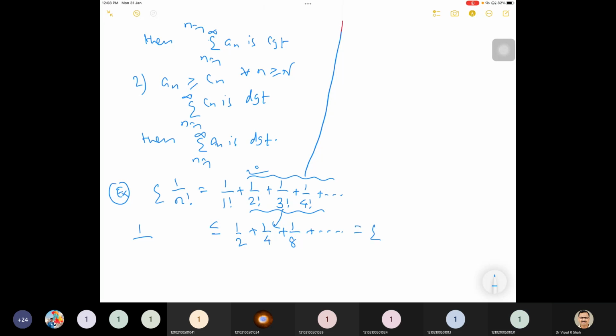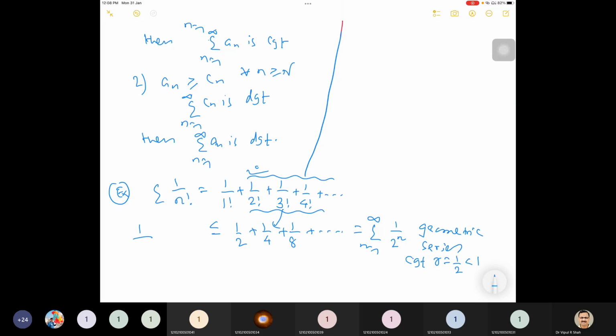What is this series? This is like this, 1 upon 2 power n, isn't it? So our series cn is 1 upon 2 power n. Is it convergent or divergent? This is a geometric series, and this is convergent because our ratio is 1 by 2, which is less than 1.